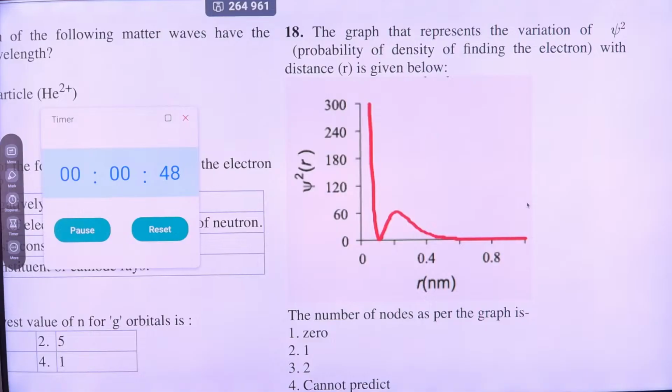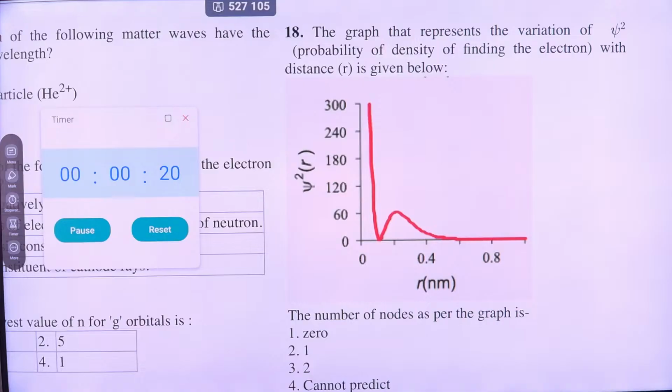Kanishka, you are sending too many messages. 17 option number 3? No, it's option number 1, Kanishka. Option number 1 is the right option for question number 17.